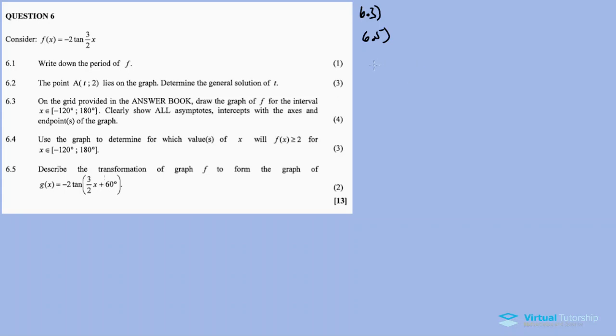Look at it this way: g at x is equal to minus 2 tan 3 over 2x plus 60 degrees. You need to take out this thing as a common factor.